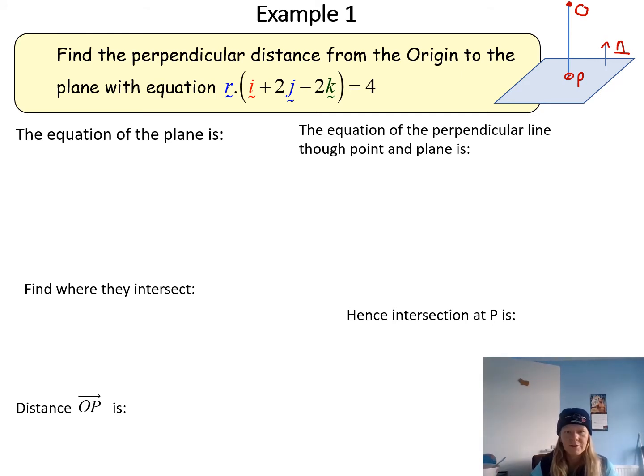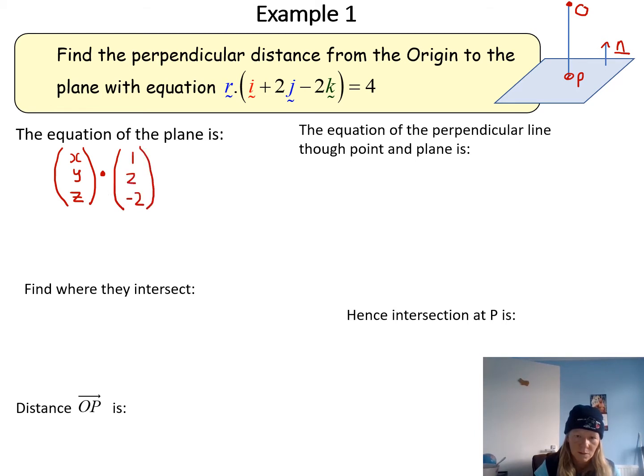So this equation of the plane is, if you want to write it in vector form, the R is X, Y, Z, and it's been dotted with the N, if you remember. Now that must be 1, 2, minus 2, and that equals A dot N, which is 4 here.